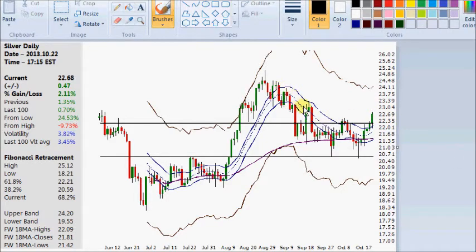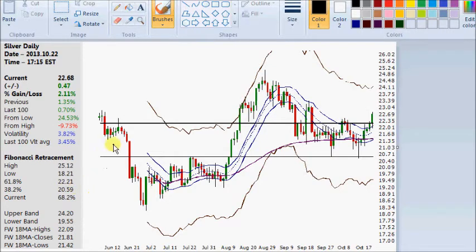Looking at this 18 average band, as you can see, it was declining and pretty much going flat. Well, it's starting to break higher. Further momentum would make this thing move toward an uptrend. What would be ideal is further movement to the upside, maybe breaking in the 23 range, and then a pullback to this level here, which sits at 22.21.